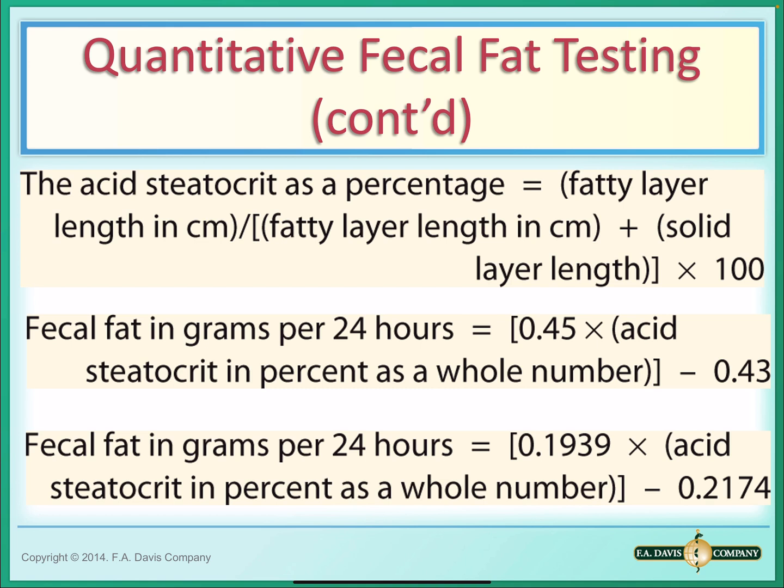For infants older than 6 months of age, a value of less than 10% is normal, 10% to 20% is equivocal, and a value over 20% is abnormal, indicating steatorrhea. Infants younger than 6 months of age show a high and widely variable steatocrit value.